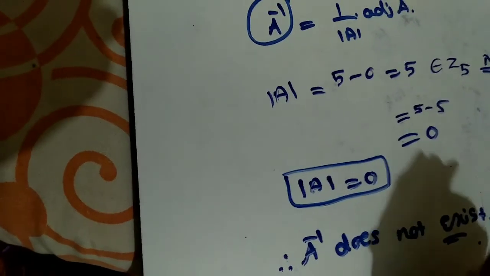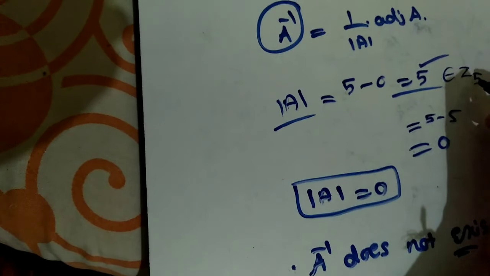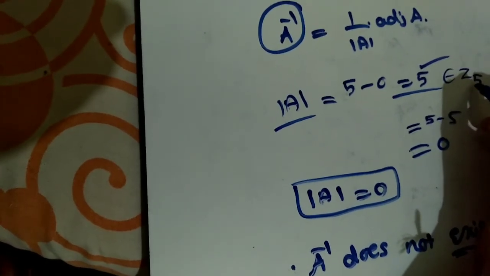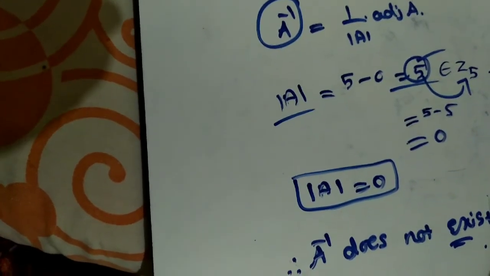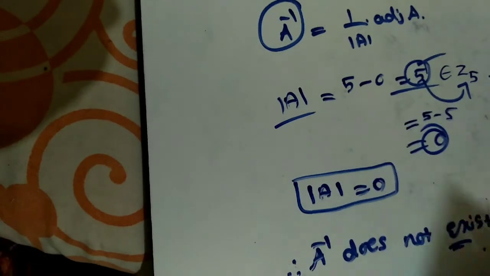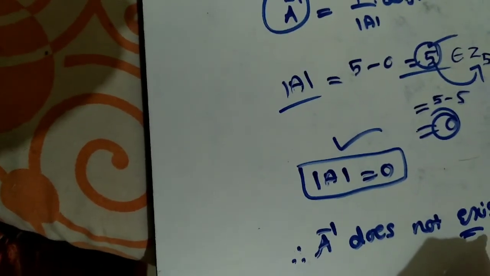Got it? So just look at it here. I got my determinant of A as 5, but this 5 does not belong to Z5, right? So at that time, we have to convert it into an element that belongs to Z5. If you do that, I'll get my answer as 0. Then the determinant of A is 0, and if the determinant of A is 0, then A inverse does not exist.